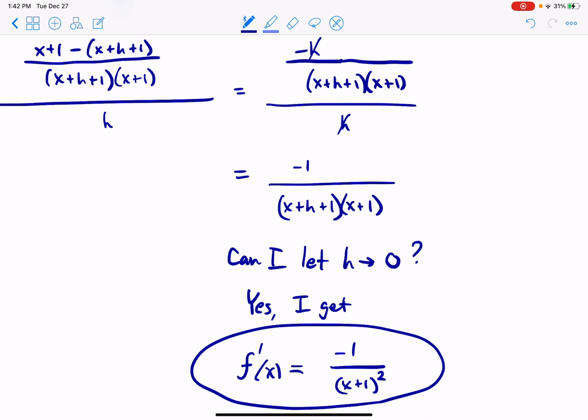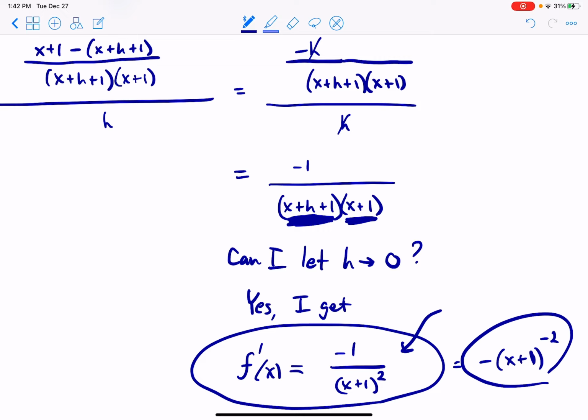As h goes to 0, this just becomes a 0. x plus h plus 1 just looks like x plus 1. I have x plus 1 times x plus 1, that's just (x plus 1) squared. By exponent rules, I could say this is negative (x plus 1) to the minus 2 if you want, but I prefer this format. These are identical, and these are both true.